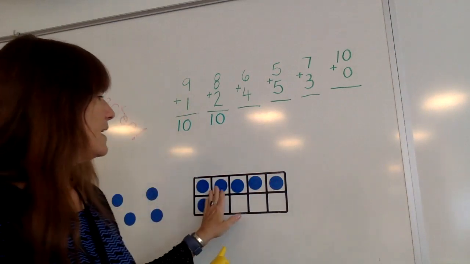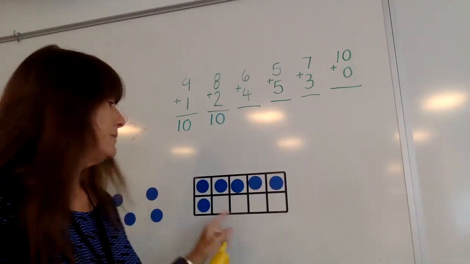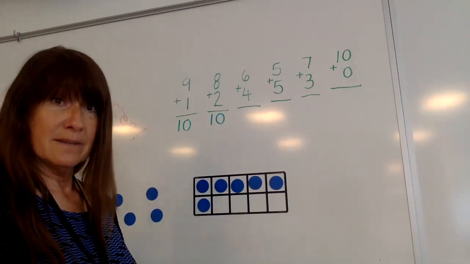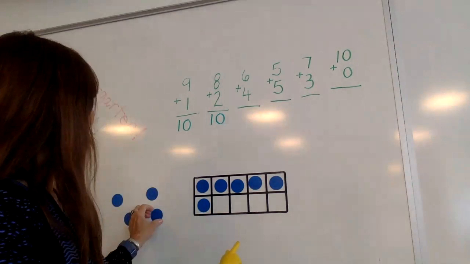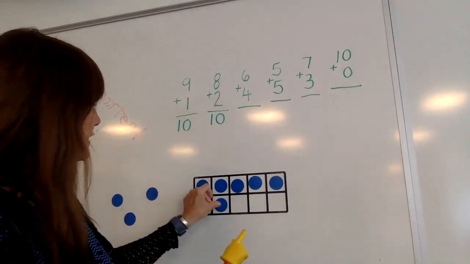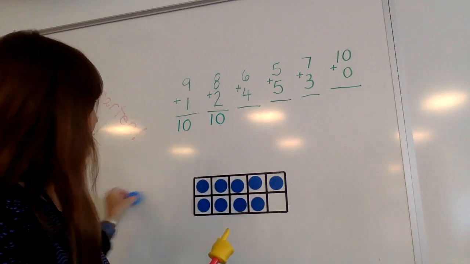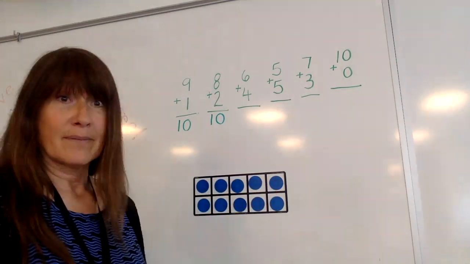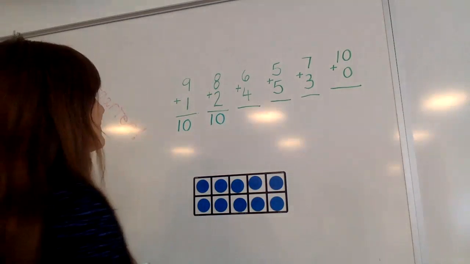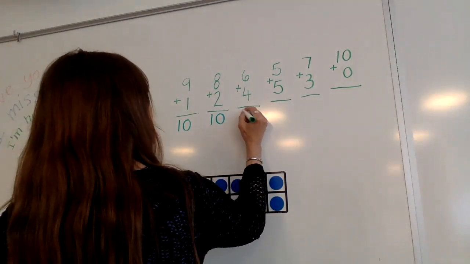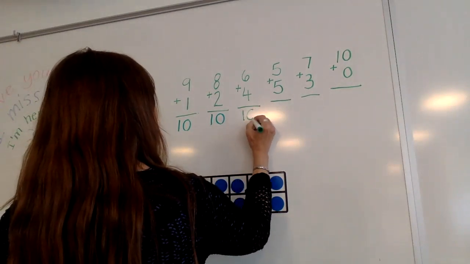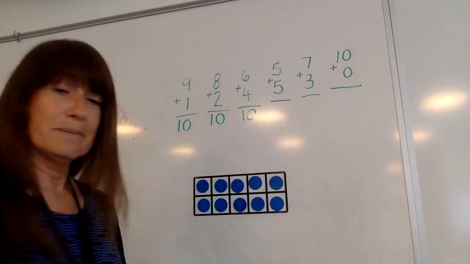Okay, we know there's 5 in the top row, and one more would make 6. But if I add 4, I get 10. So 6 plus 4 equals 10.